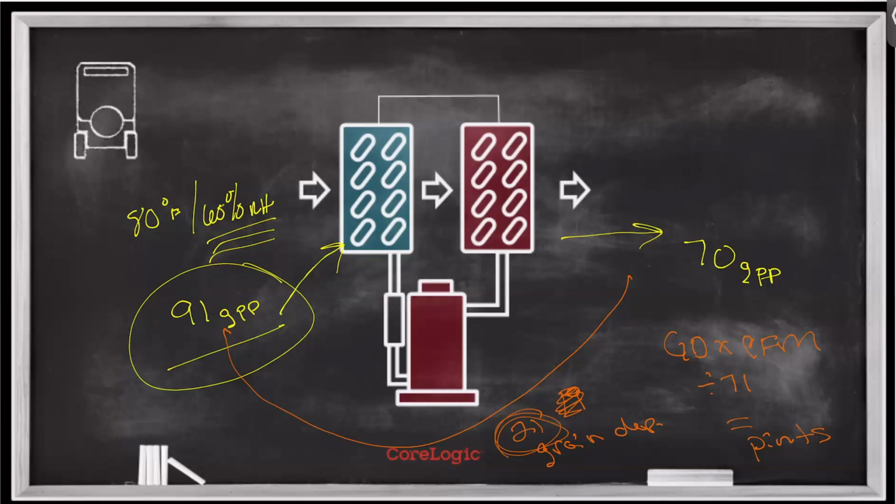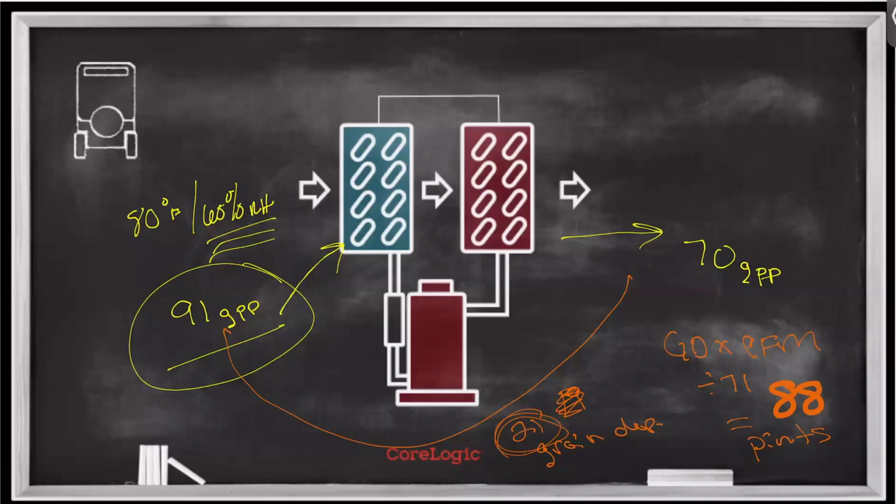So grain depression times the CFM of the dehumidifier divided by 71. So I'm going to go ahead and do that real quick on my calculator. And we're just going to take this dehumidifier and we'll say, again, the grain depression was 21. And let's say the CFM on this dehumidifier is 300. So I'll multiply by 300, then divide by 71. And what I come up with is 88 pints.